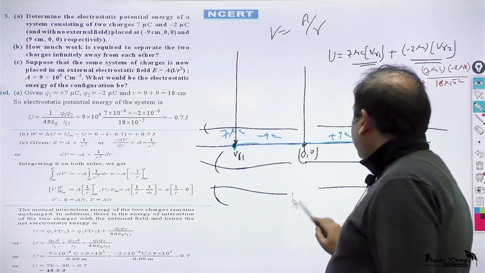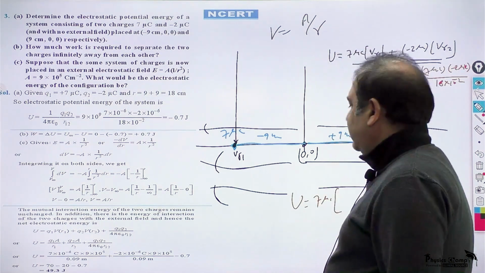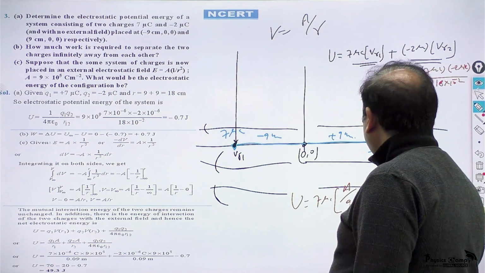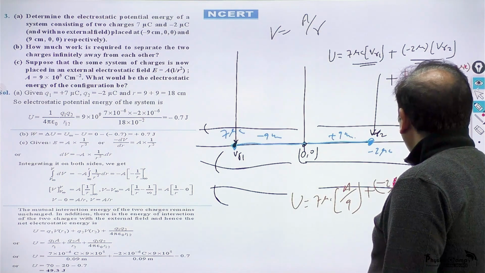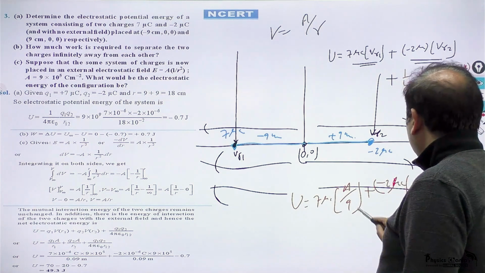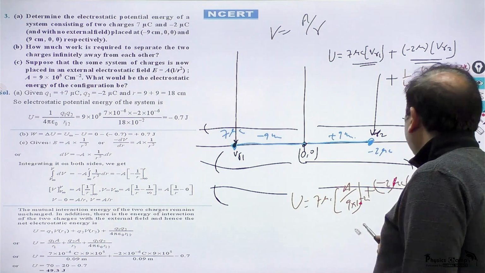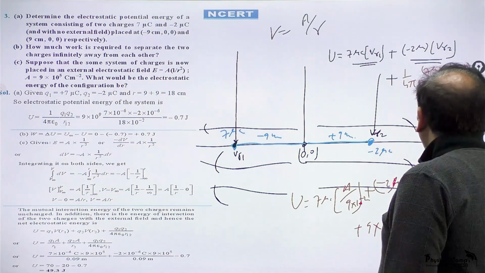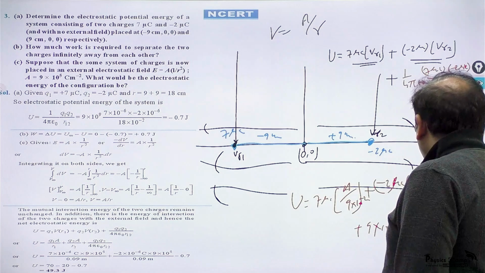So we will have potential energy as 7 microcoulomb into VR1, where the potential here is A by 9 centimeter, plus minus 2 microcoulomb into A by plus 9 centimeter, with centimeter as 10 to the power minus 2, plus 9 into 10 to the power 9 into 14 into 10 to the power minus 12 divided by 18 into 10 to the power minus 2.